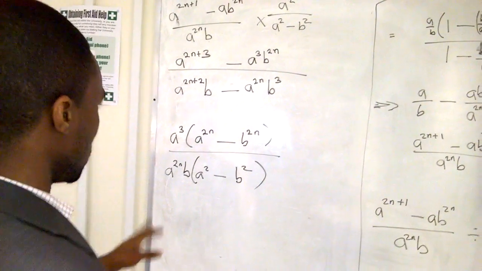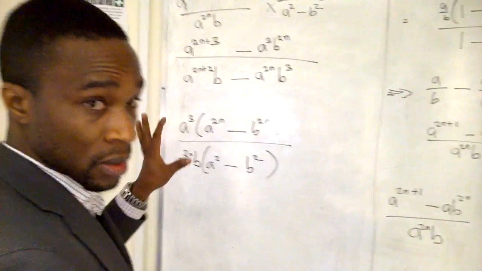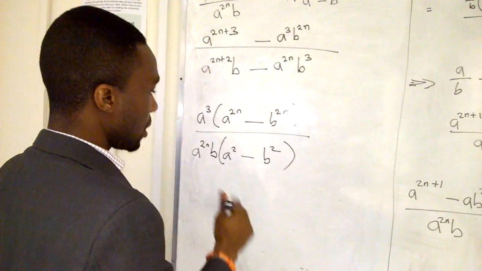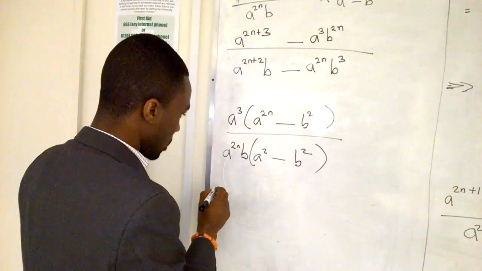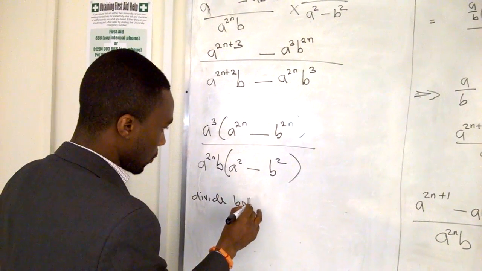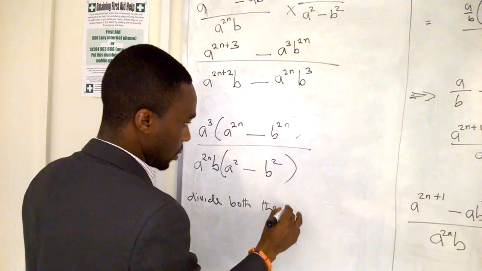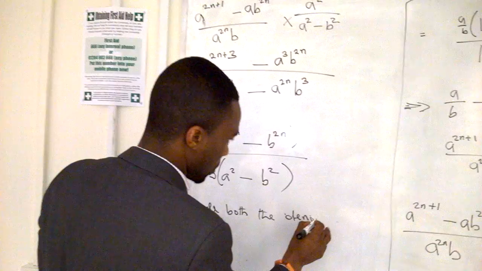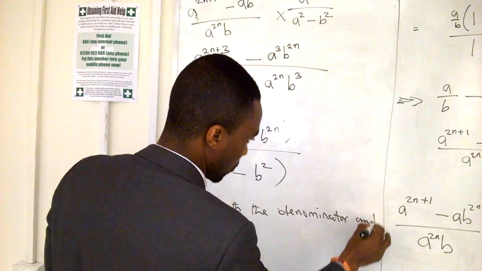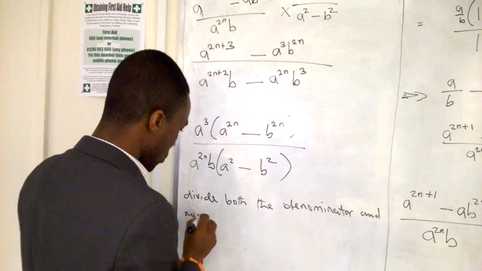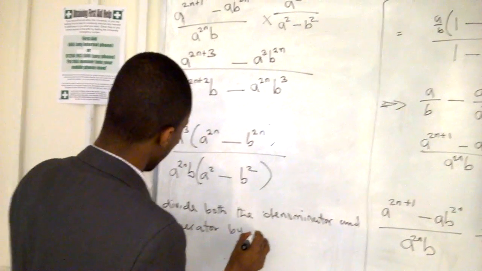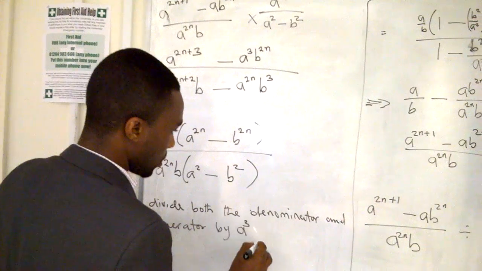Now normally this should be enough for the answer. This is perfect, this is correct, but you can divide both the denominator and numerator by a cubed.